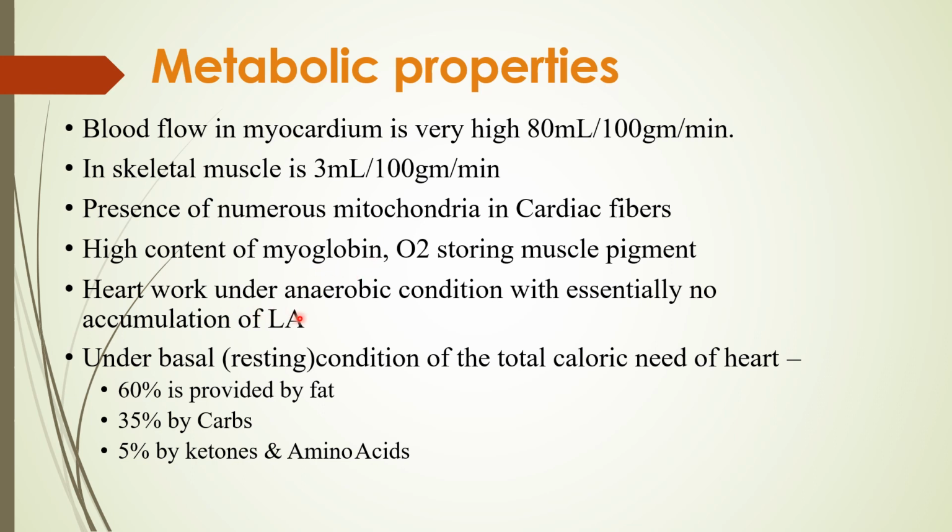The heart works under aerobic condition with essentially no accumulation of lactic acid. Under basal or resting condition, of the total cardiac energy need, 60% is provided by fat, 35% by carbs, and 5% by ketones and amino acids. Okay, so remember this point. Blood flow is very high, 80 ml per 100 gram per minute.